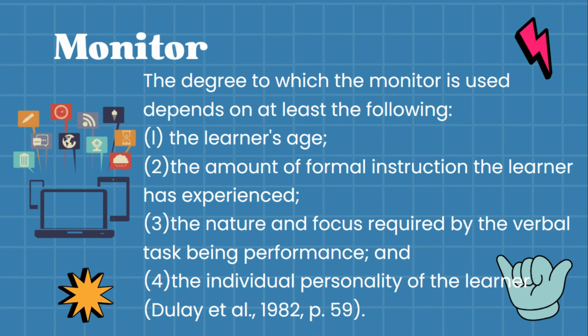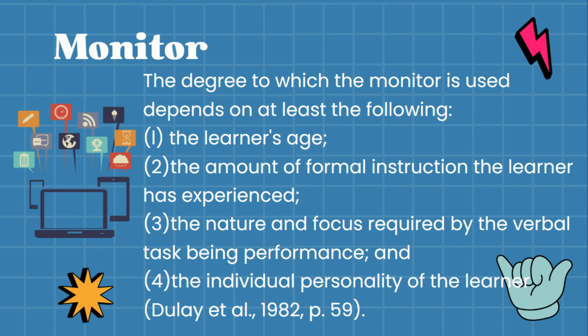Next, it is the degree to which the monitor is used. So the degree to which the monitor is used depends on at least the following factors. First, the learner's age. Second, the amount of formal instruction the learner has experienced. Third, the nature and focus required by the verbal tasks being performed. And fourth, the individual personality of the learner.